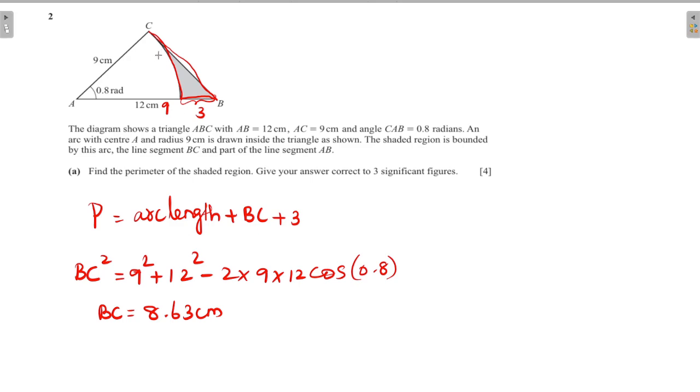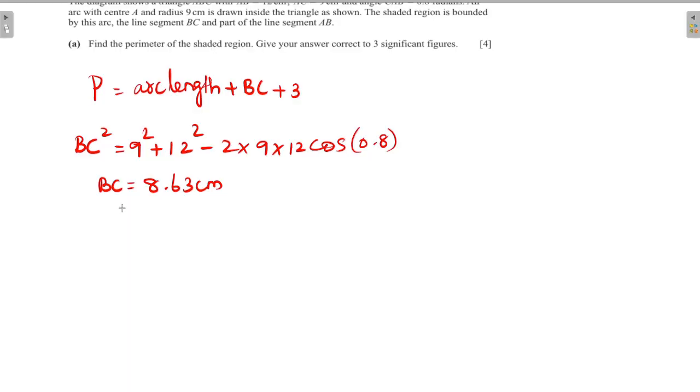Then let us find the arc length. Arc length is equal to r theta, the radius of the circle is 9, so 9 times 0.8, which is equal to 7.2 centimeter.